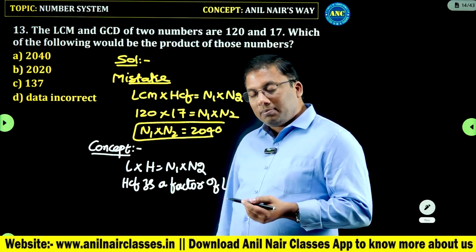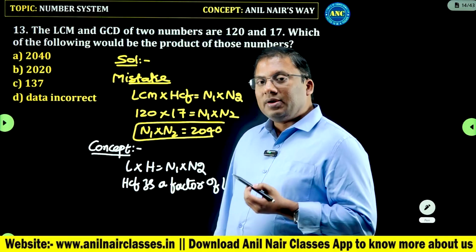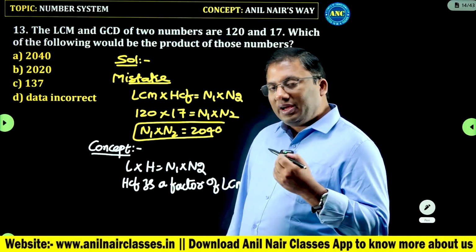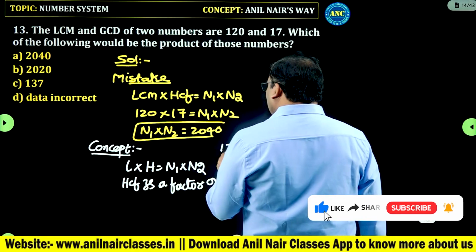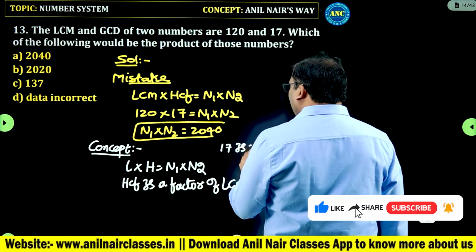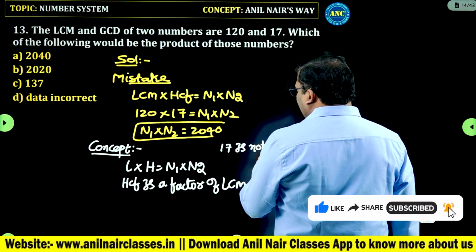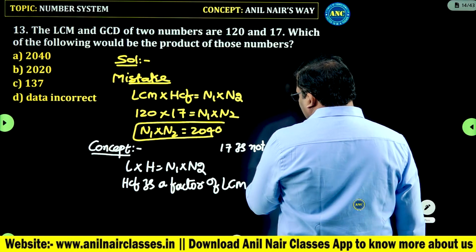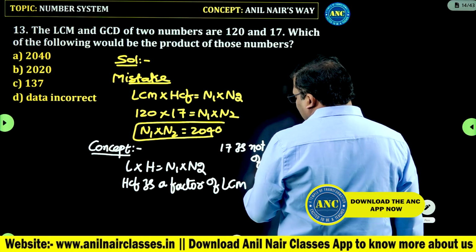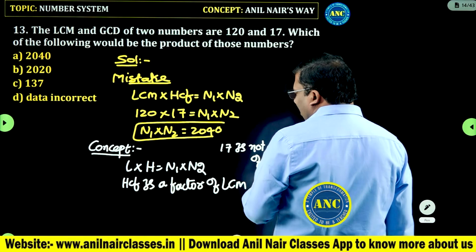HCF will divide the number, and the number will divide LCM. That means HCF should be a factor of LCM. But 17 is not a factor of 120. 17 sevens are 119. So, 17 is not a factor of 120.